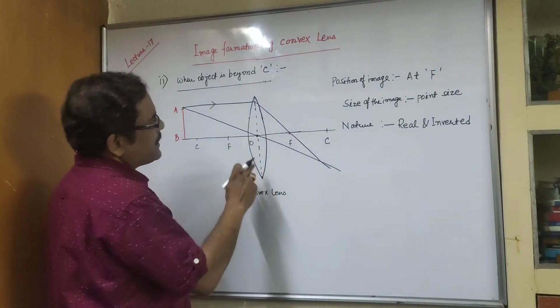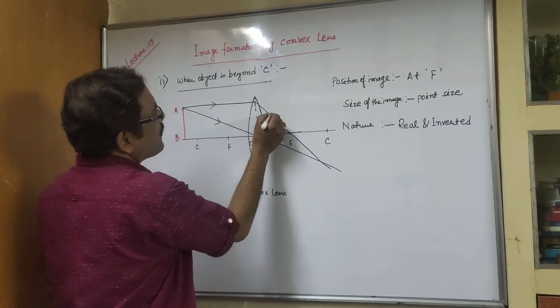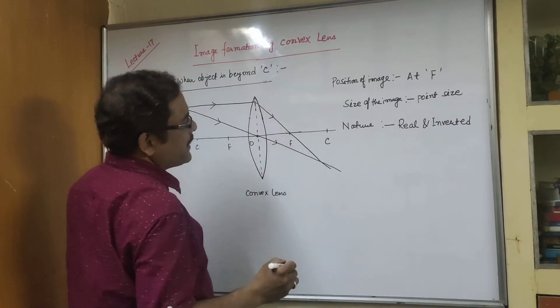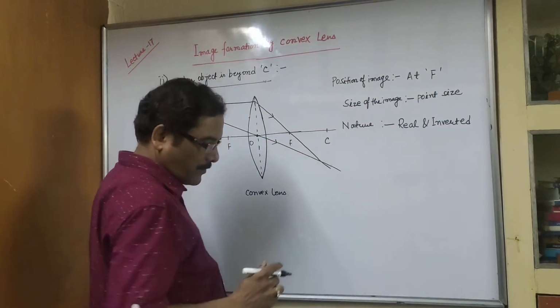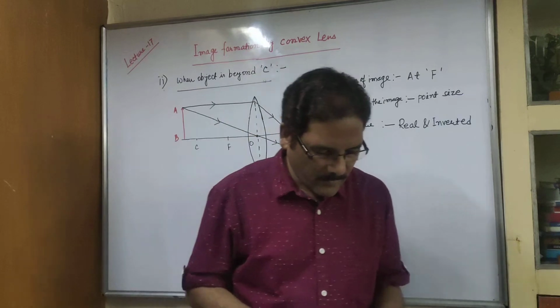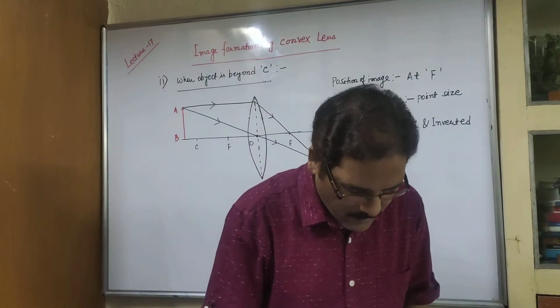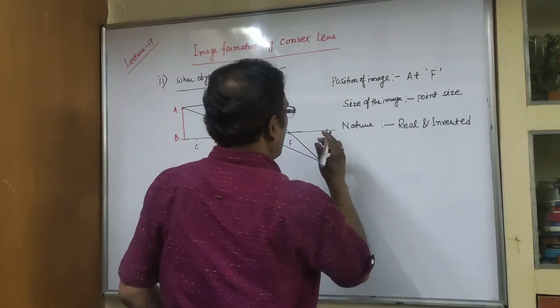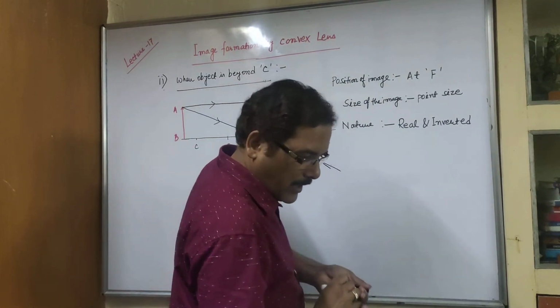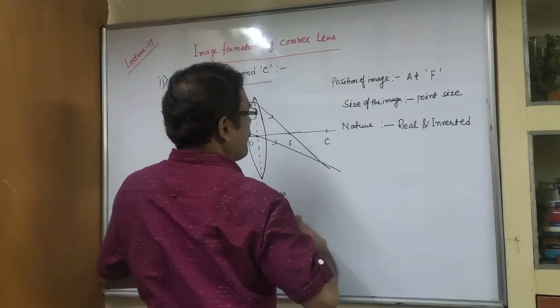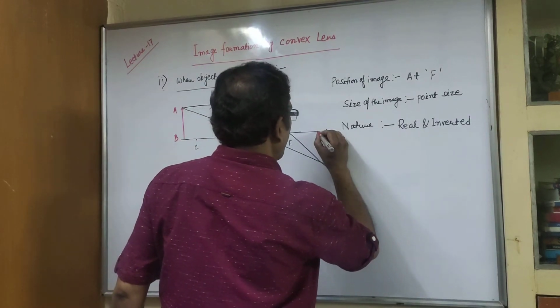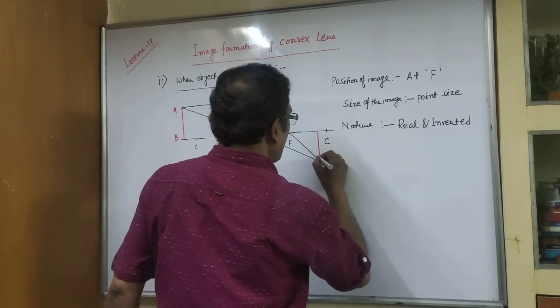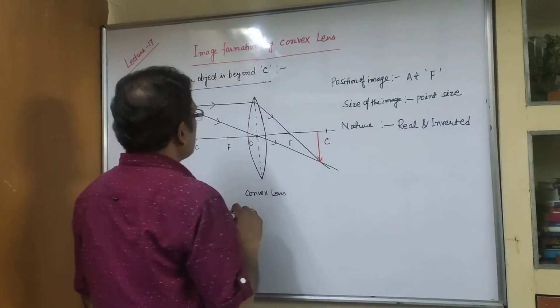So these two rays, after passing through the lens, are meeting here. So you will get an image here.